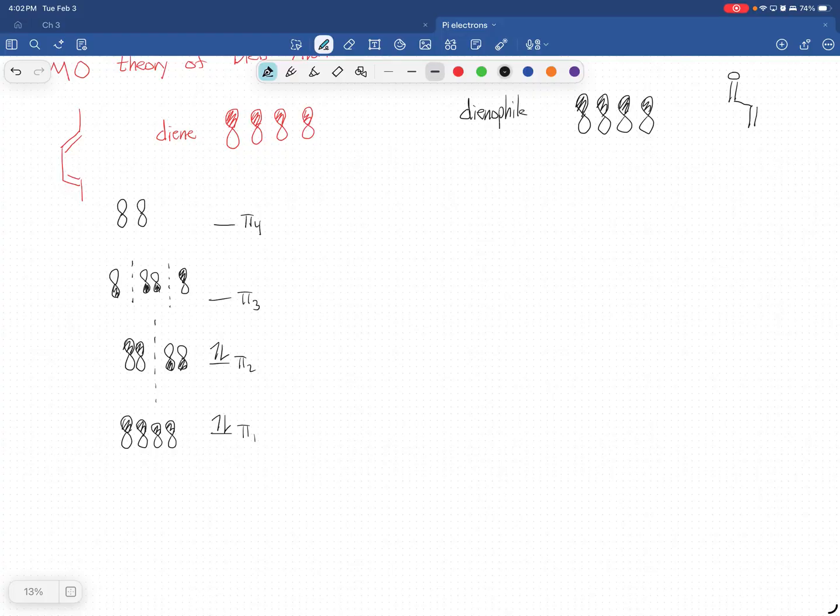And then when we have the 4th orbital here, we must have nodes in between pretty much every orbital here. So now we have signs changing on all 4 of them, okay? And this picture will look exactly the same for our dienophile. Pi 4, pi 3, pi 2.